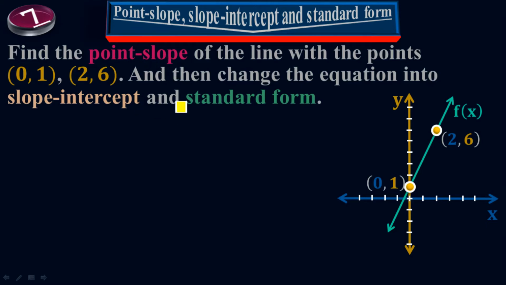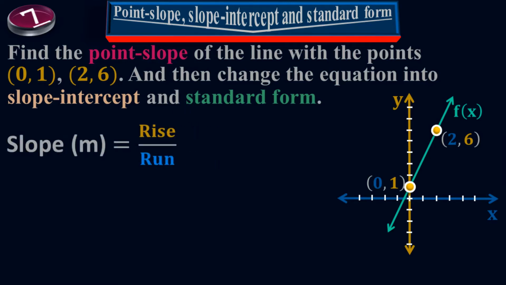We have 2 procedures to find the slope of the line. We can directly find it from rise over run, or from y sub 2 minus y sub 1 over x sub 2 minus x sub 1. As we know, slope equals rise over run. Rise is the change in y and run is the change in x. This is my rise and this is my run, which equals 5 over 2.